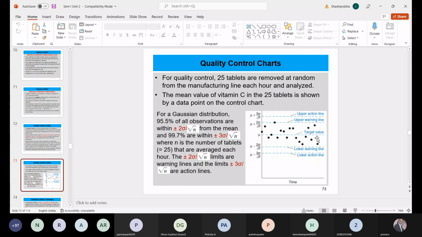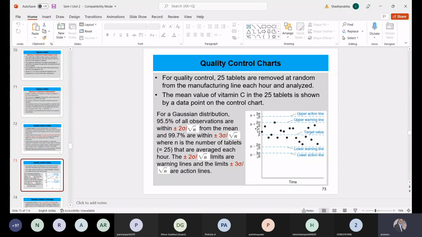Above and below, you find mu plus 2 sigma divided by under root n, and on the next line, mu plus 3 sigma divided by under root n. N means the number of observations, and sigma is the standard deviation.